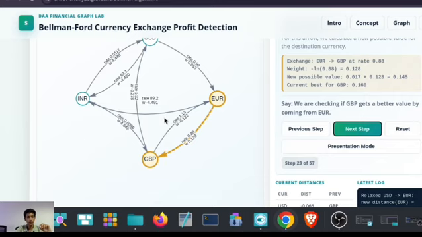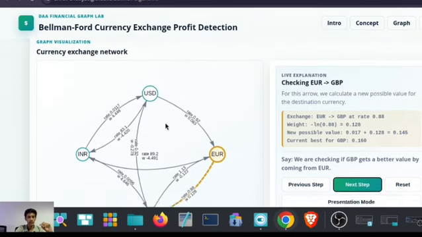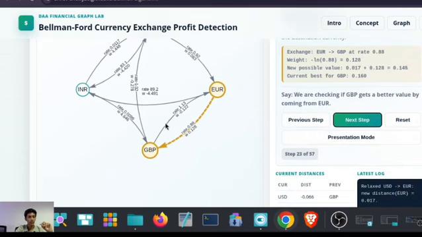The time complexity of the Bellman-Ford algorithm is O(V times E), where V is the number of vertices and E is the number of edges. This project demonstrates how a graph algorithm can be applied to solve real life problems.